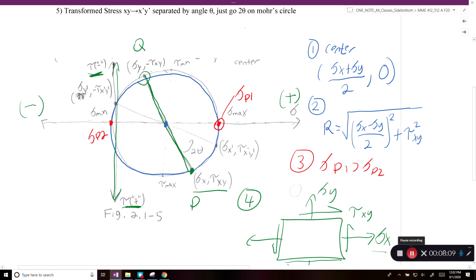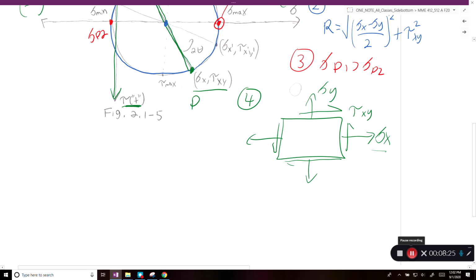Okay. So the last step is that you can transform the state of stress to any other state of stress that you're interested in by rotating it by a given angle, theta.